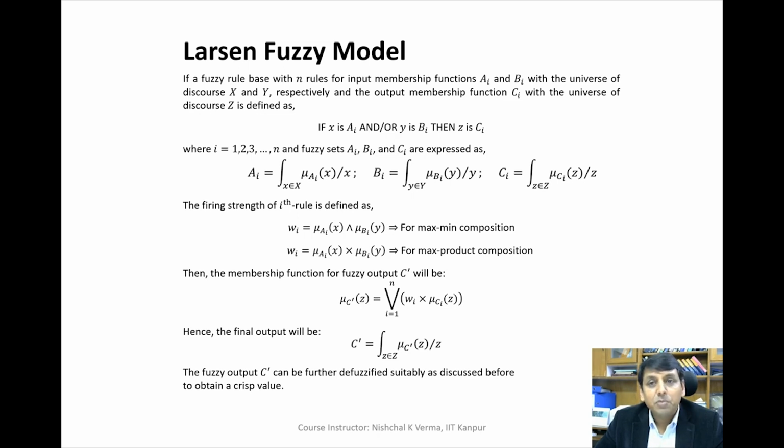So the output membership function of the resultant fuzzy set, let's say here Ci, if we are taking only two antecedents, where the first antecedent is X is Ai and the second antecedent is Y is Bi, and both are connected by the connective either AND or OR.